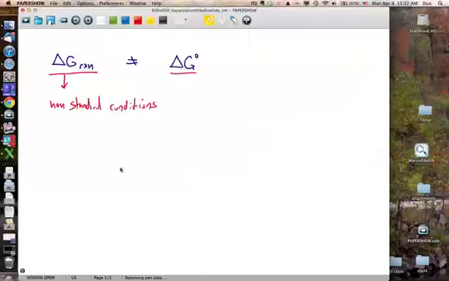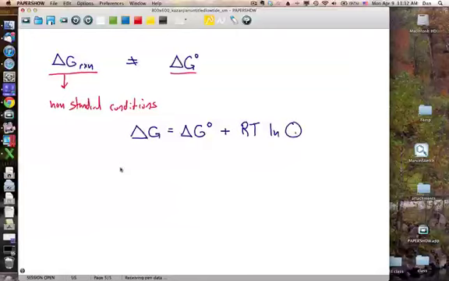We can use the following: delta G of the reaction is equal to delta G naught, standard conditions, plus the following quantity, RT ln Q.